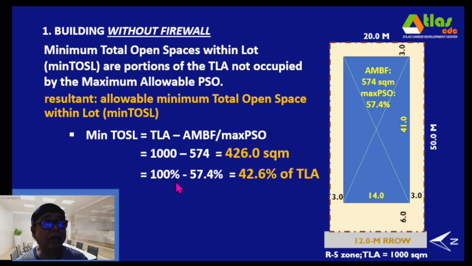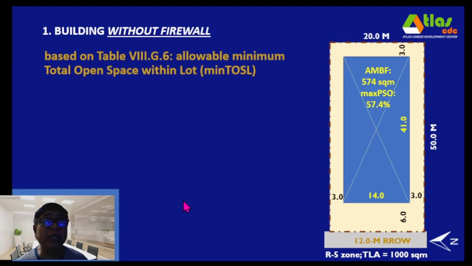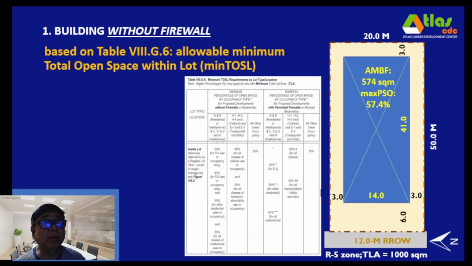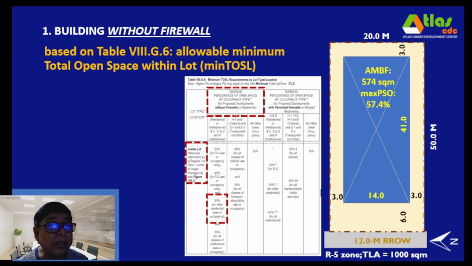And 100% minus 57.4, our most stringent maximum PSO, will give you a minimum TOSL in percentage at 42.6% of the total lot area. However, if we are going to consider yung reference table for the minimum TOSL, which is table 8.G.6, ang lalabas na value dito for the minimum TOSL for R1 that is without firewalls, it says here inside lot.